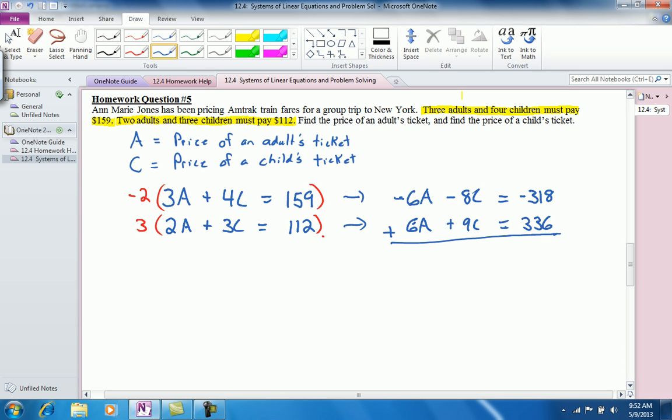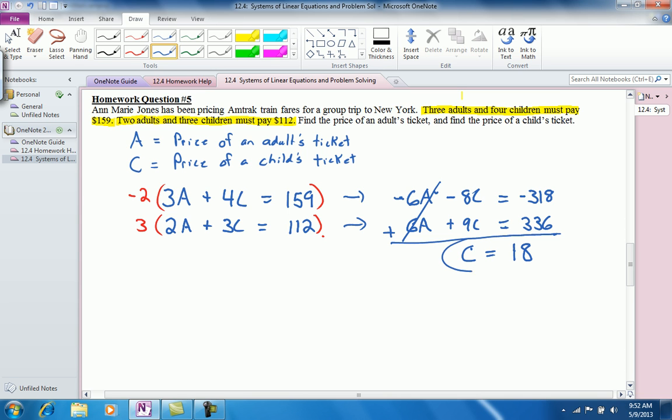That's why I multiplied by the -2 and the +3. So here we go. -6A plus 6A is going to eliminate. -8C plus 9C is 1C, or just C. And -318 plus 336 is +18.